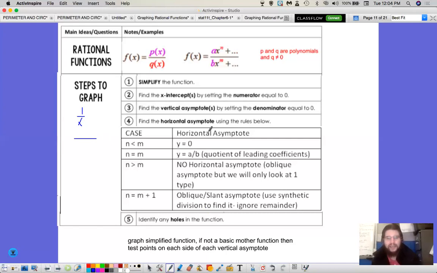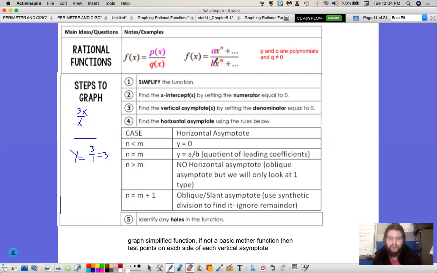Now let's say that n and m are equal. Let's say it's 3x over x. They're the same degree, right? So that means y equals 3 over 1, or 3, would be my horizontal asymptote.